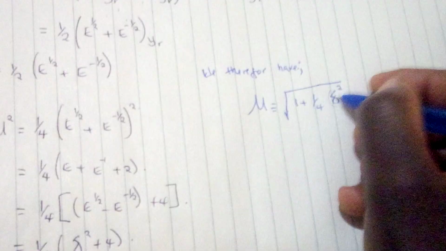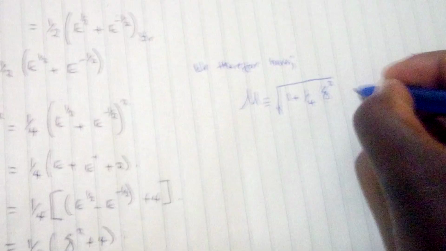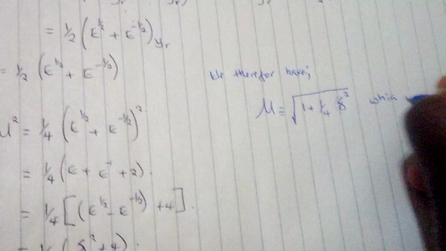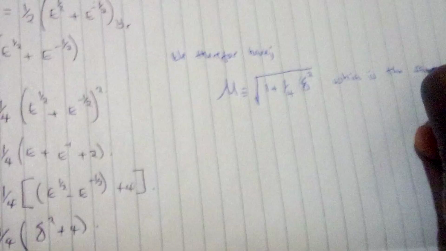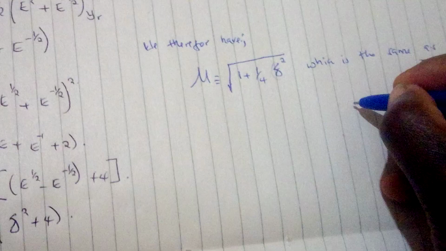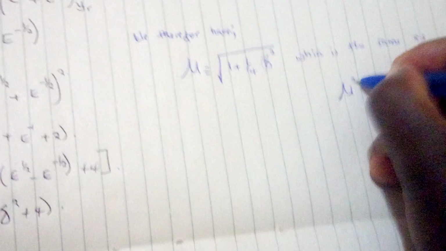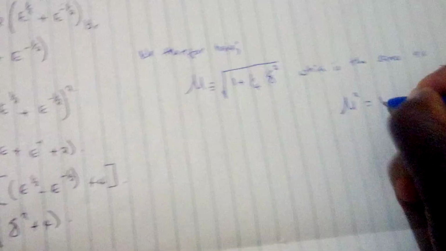This is the central difference operator, which is the same as mu squared. When we remove the brackets, we have mu squared is equal to 1 plus 1 over 4 squared.